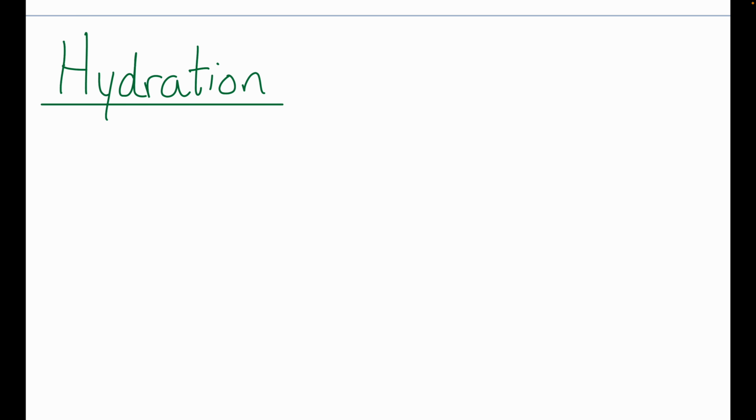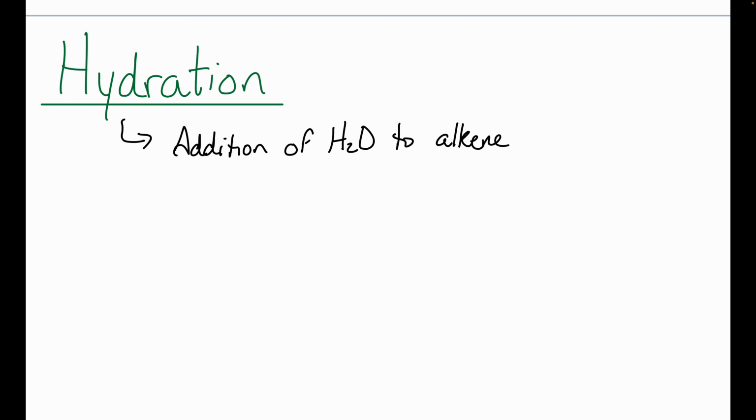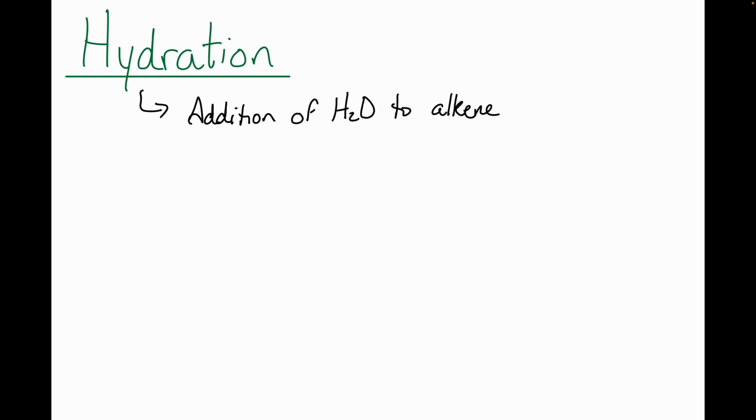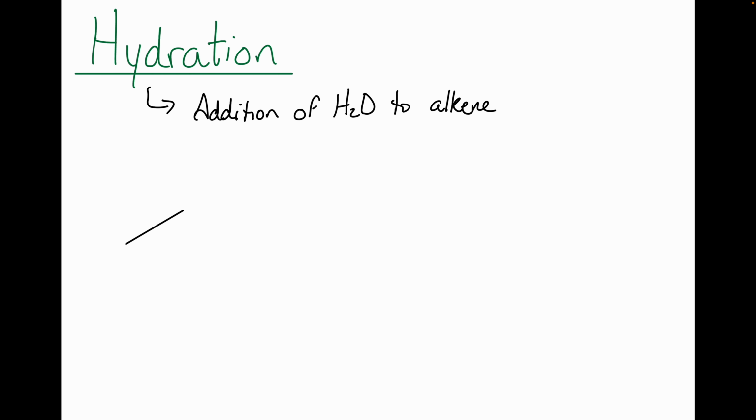All right, and by hydration, what comes to mind immediately when I'm thinking of hydration? Water. So these are going to be the addition of H2O to an alkene. All right, we're again talking about our addition reactions. Actually, let's just use our very simplest alkene, ethene.